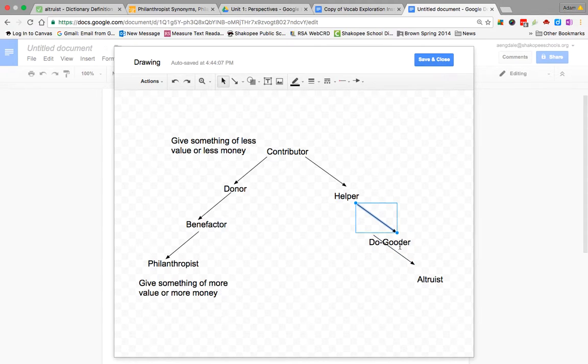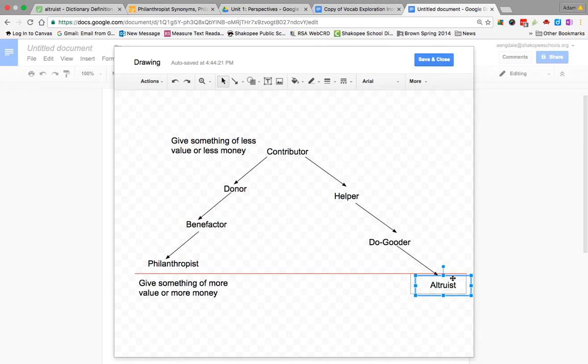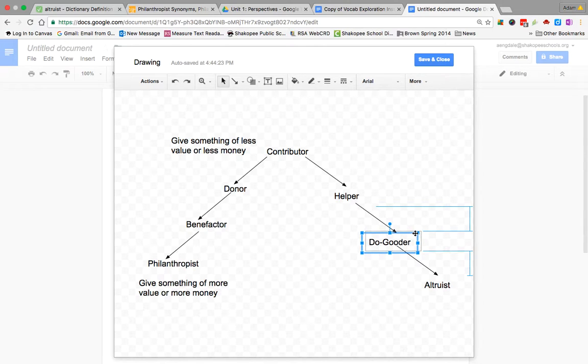What seems to be in common with these, and I'm not talking about this group anymore, I'm only talking about this group over here, is that this group gives money to causes. This group works for causes.